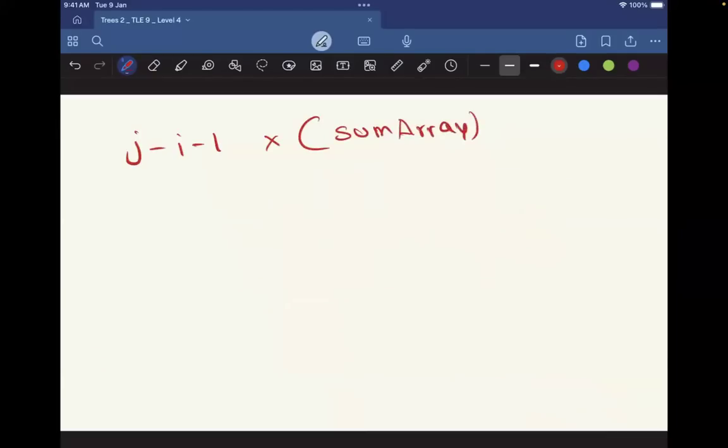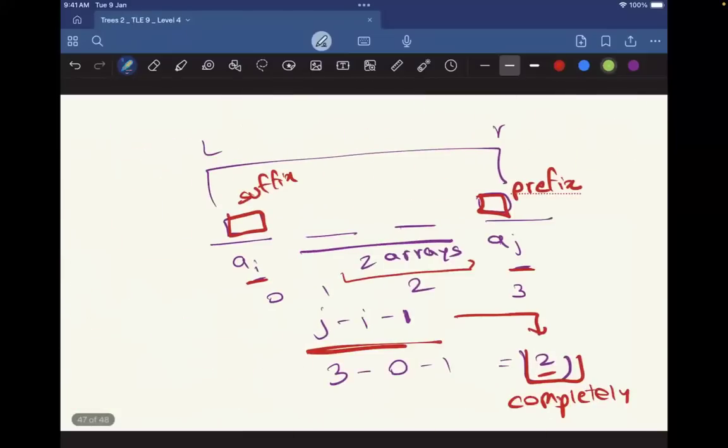Yes or no, guys? Yes, sir. Right. Now, with that, this part gets clear. We only need to find this here and this here. Okay. Now, how do you find this?